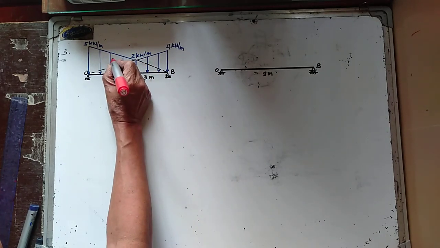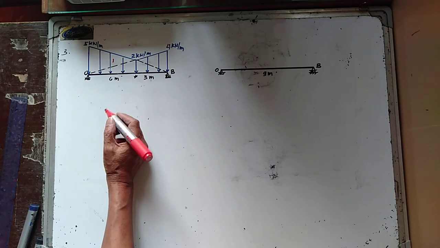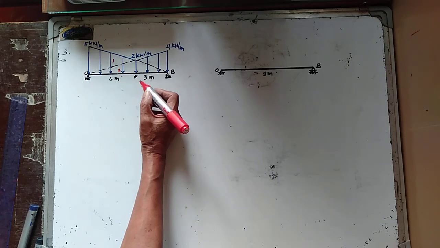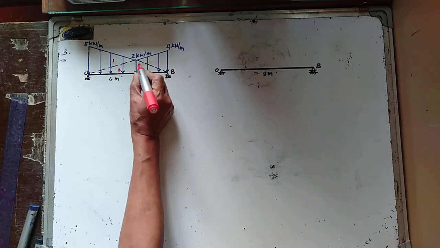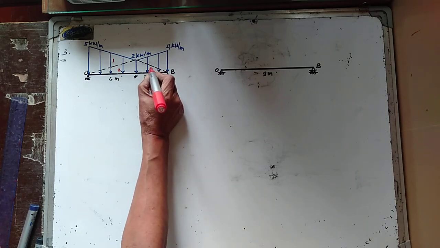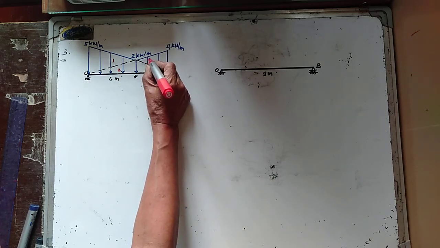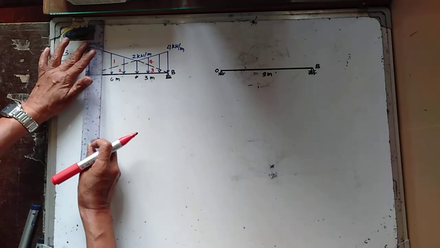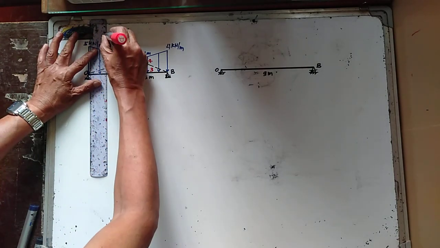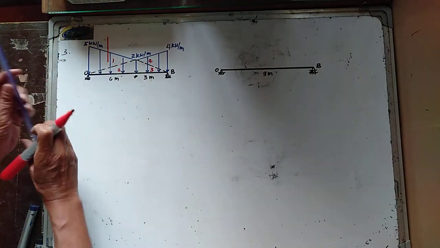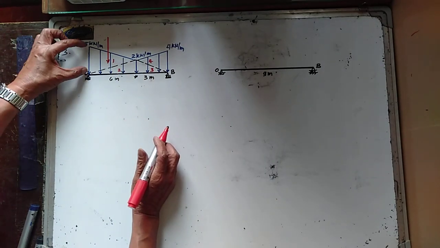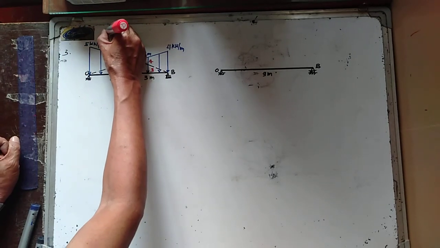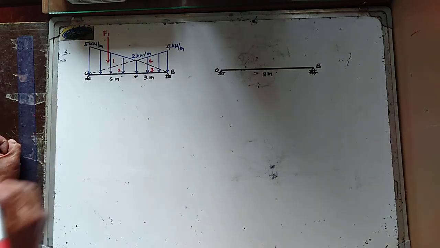So I'm going to consider this one as area 1, and this is now your area 2, this triangle in here. And we now have your area 3, this triangle, and this one is now your area 4. So now, this is now your F1. That is the equivalent resultant force of this loading.